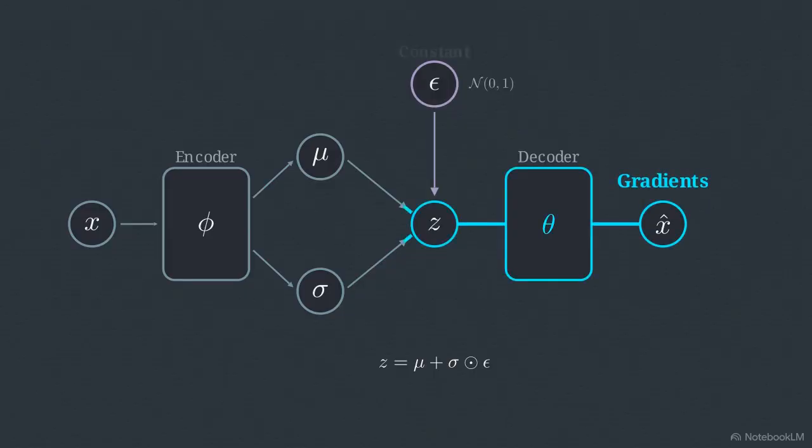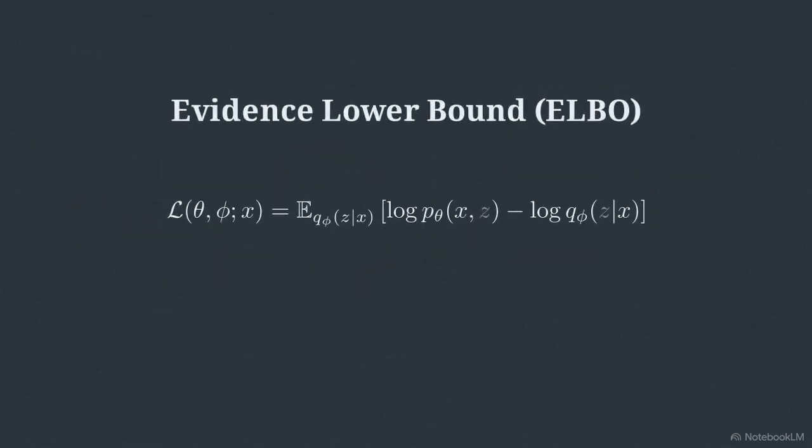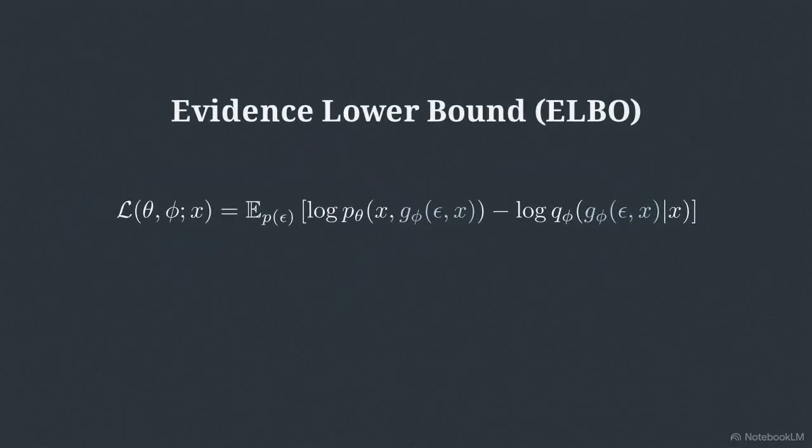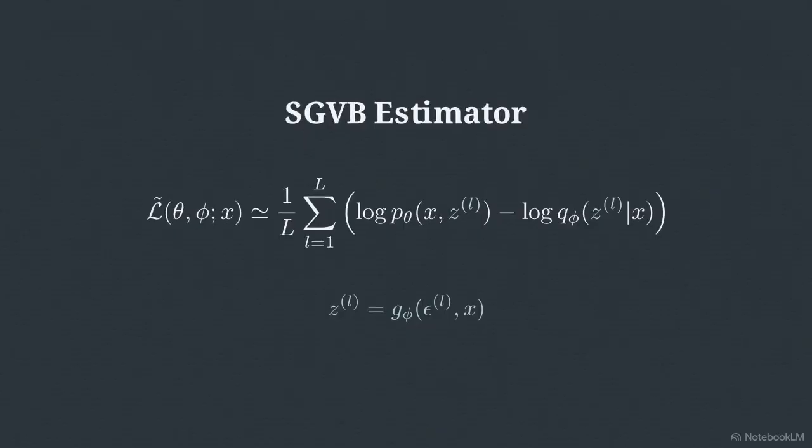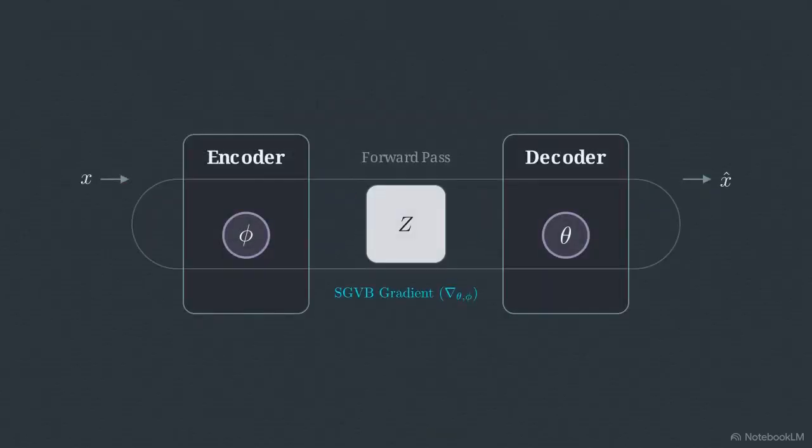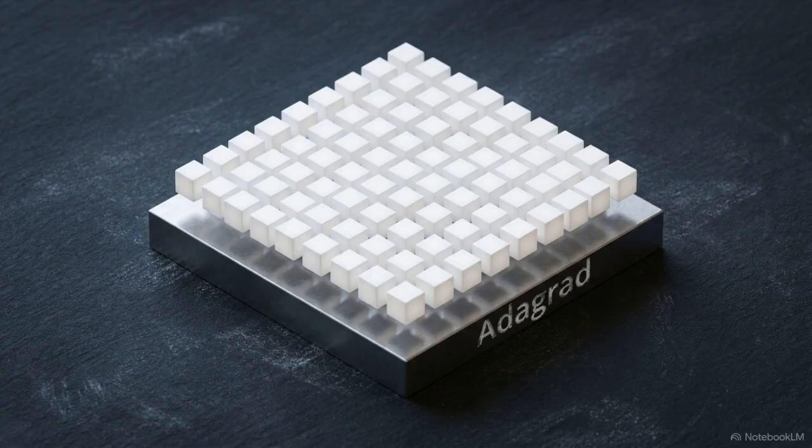The reparameterization trick turns variational inference into a standard stochastic-gradient descent problem that can be optimized by backpropagation. This results in the stochastic-gradient variational Bayes, or SGVB, estimator, a differentiable Monte Carlo estimate of the ELBO. The SGVB estimator drives the auto-encoding variational Bayes algorithm, allowing the encoder and decoder to be updated jointly.